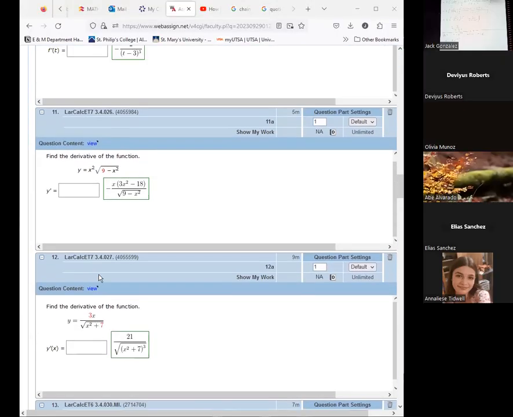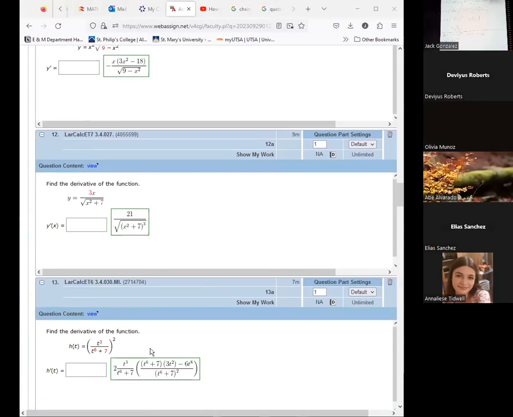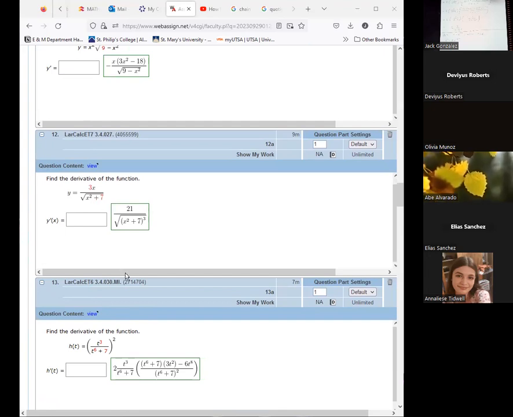Alrighty. Let me show you the homework. As you can see, here you're doing a quotient, but you'll have a chain rule trigger.